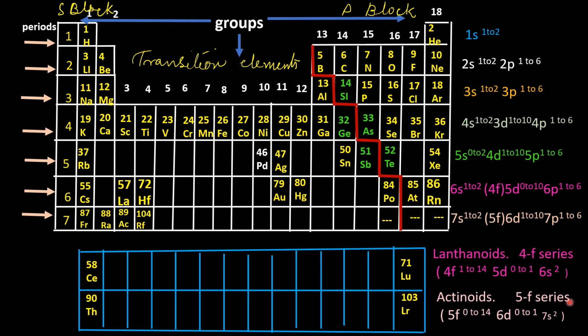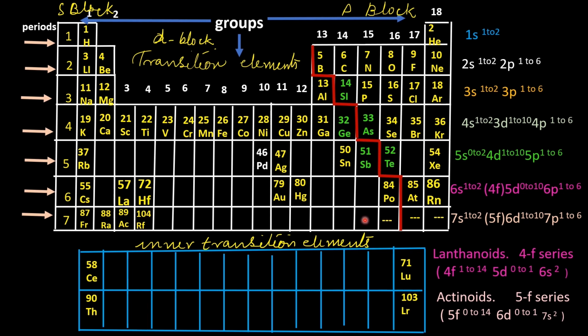The 4f series and 5f series are given separately in order to make the periodic table more compact. The f block forms the inner transition elements. I will make a note of that. I have also noted the s block, p block and d block. So you can note that the elements are arranged as per the Aufbau principle of filling of electrons.